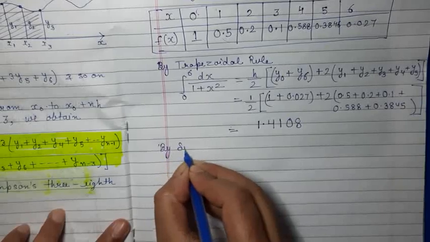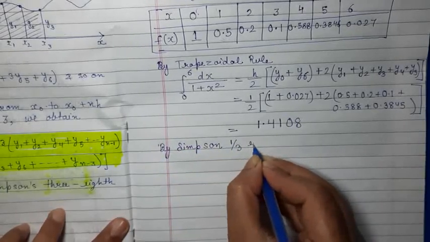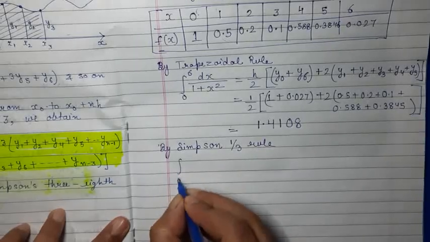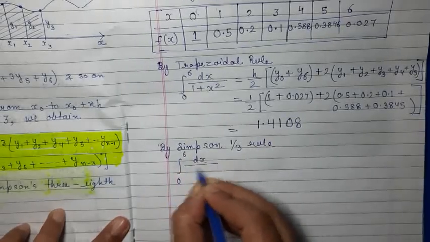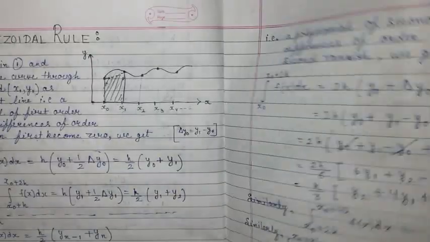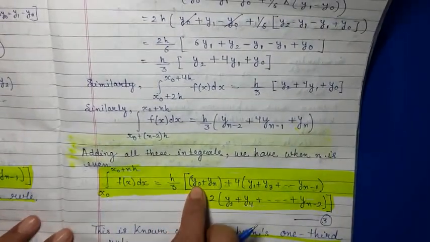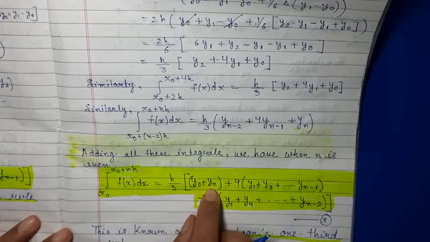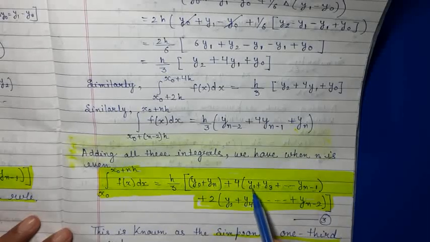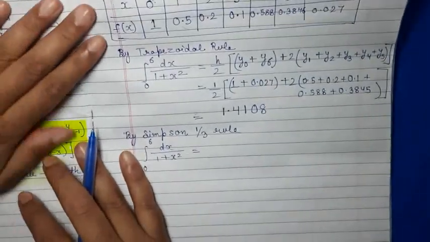By Simpson 1/3 rule, for the integral from 0 to 6 of dx by 1 plus x square, the formula is h by 3 times y0 plus yn, the first term and last term, and afterwards 4 into all odds and 2 into all evens. So that is what we will write here. How will we write it here?